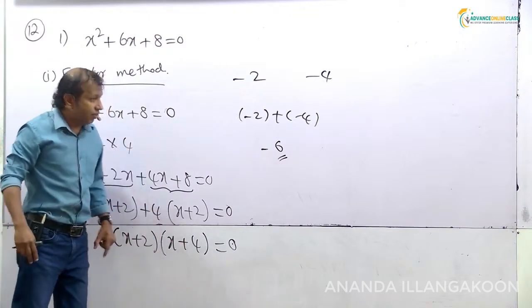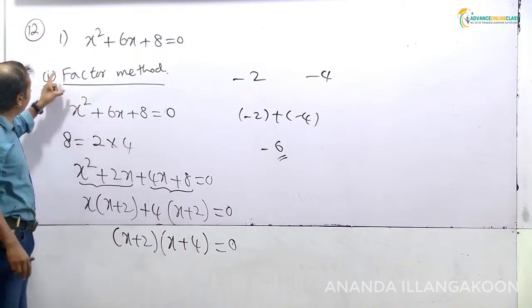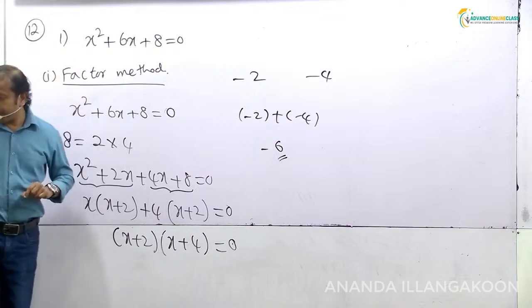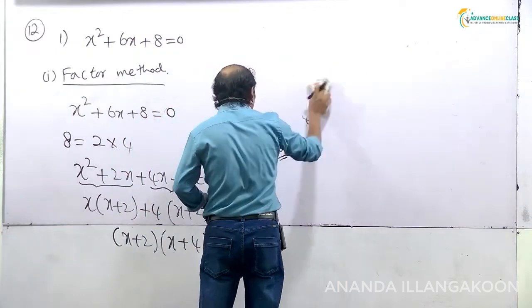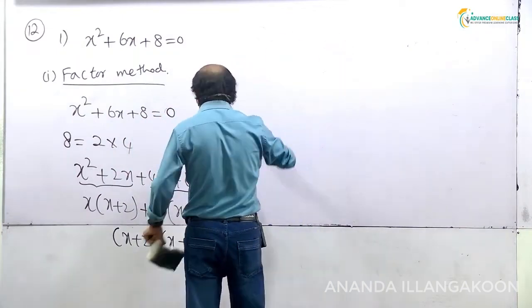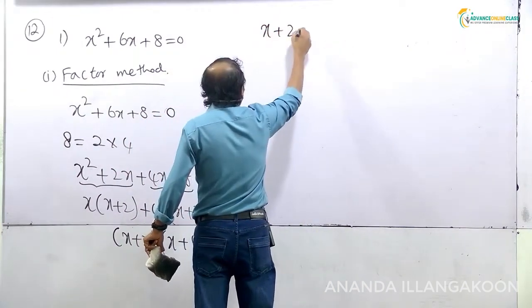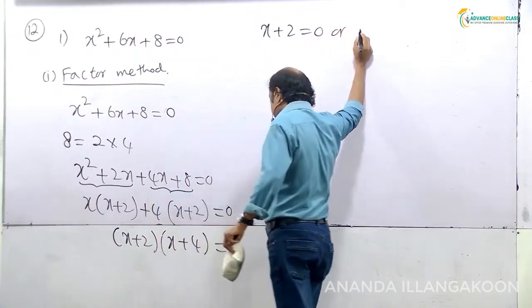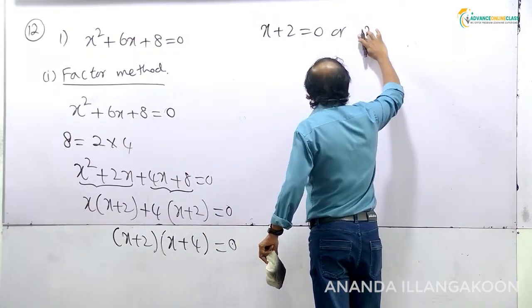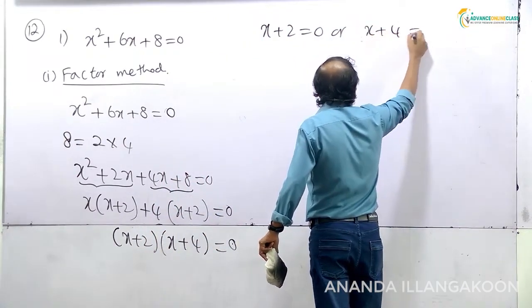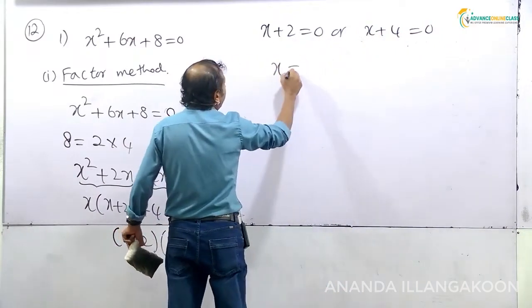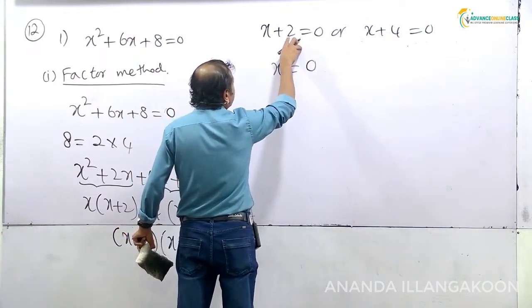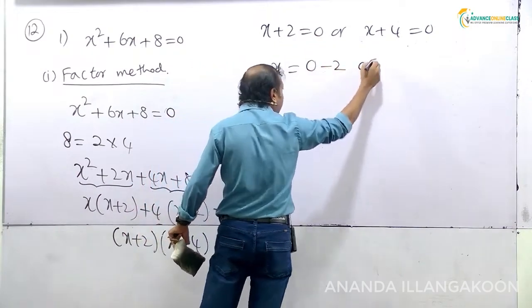Understand? This is the factor method. You have done this, but I remind you; the other 2 methods are also a bit important. Then we can write x plus 2 equals 0 or x plus 4 equals 0. Now bring this 2 to the right hand side. Once you take this plus 2 to the right hand side, that becomes minus 2.